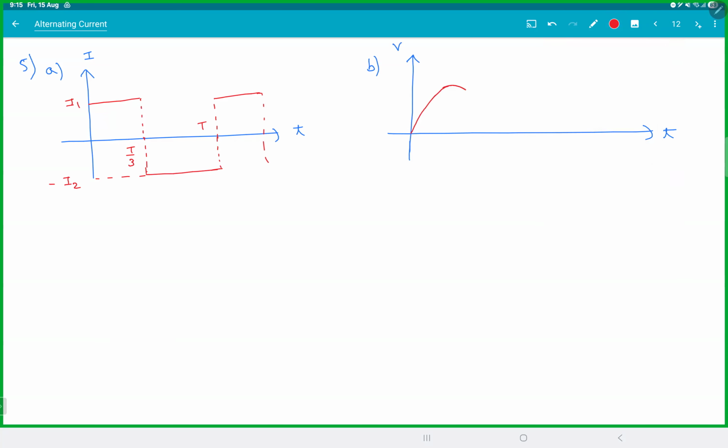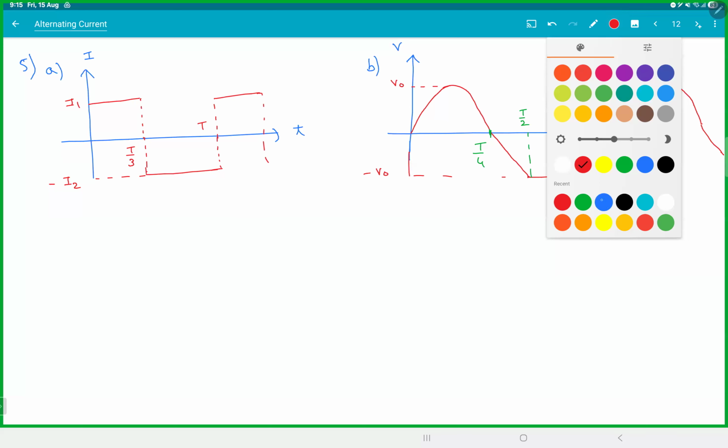What if you create a Frankenstein monster like this? A sine function, a triangle function, a straight line, and again a triangle function, and again it repeats. You made this of different pieces, where this time is T by 4, this is T by 2, this is 3T by 4, and this is T. Let's say this is V naught, minus V naught.